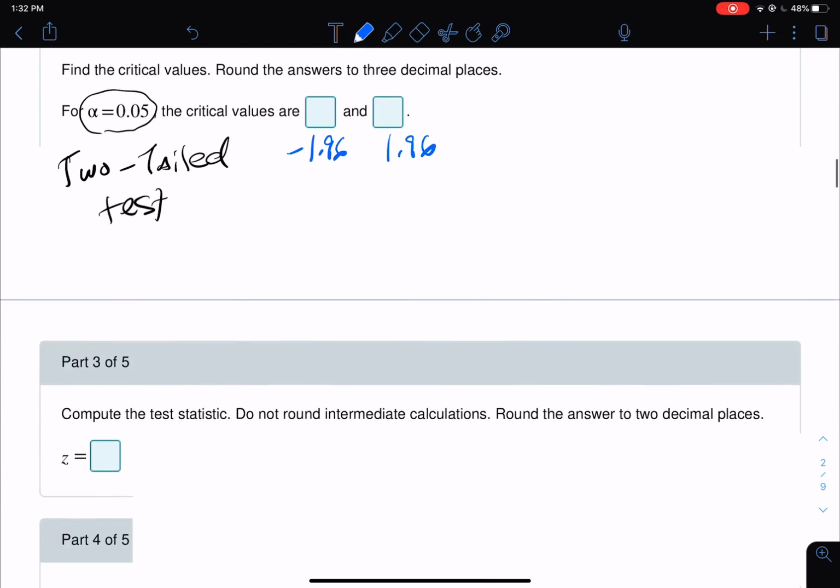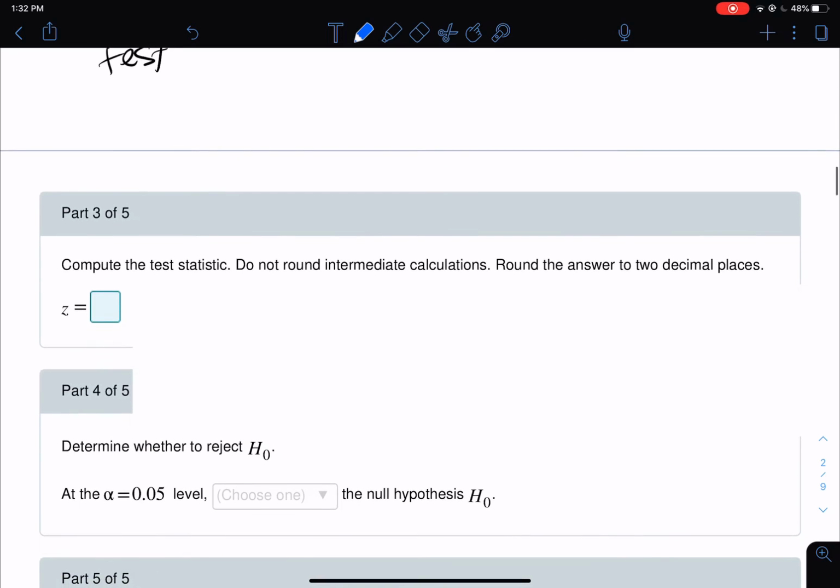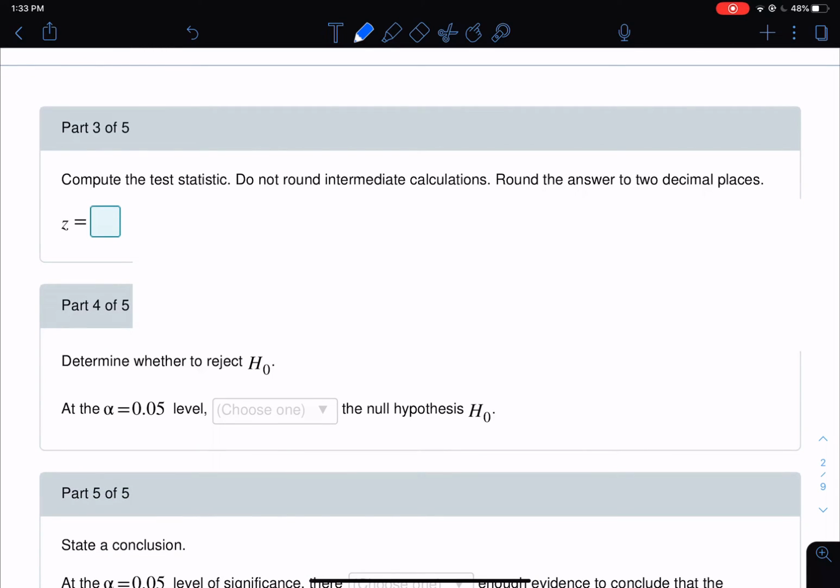Okay, let's continue on and see if we could answer this question. The next piece is asking us to compute the test statistic. Do not round intermediate calculations. Keep those decimals as long as you can through the calculator, and then round at the very end to 2 decimal places.